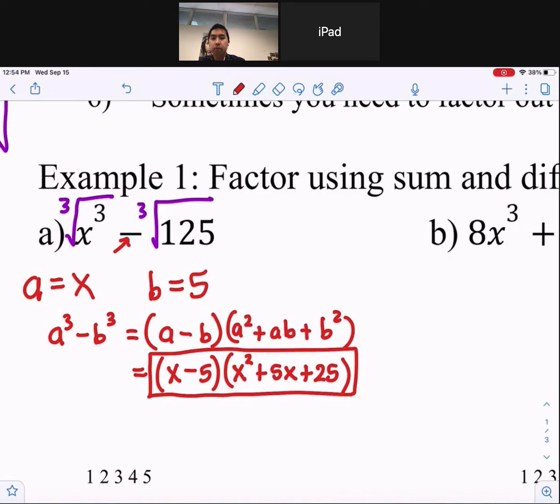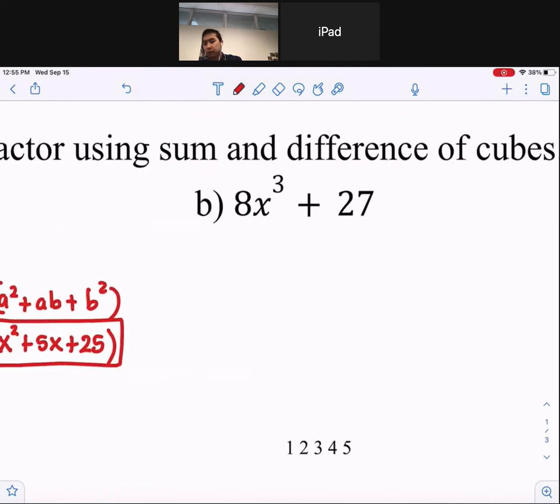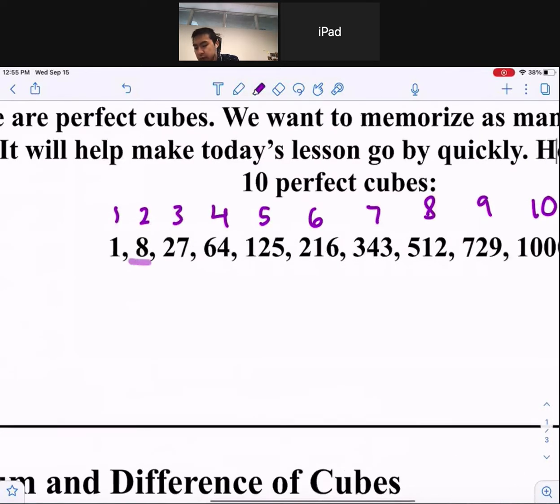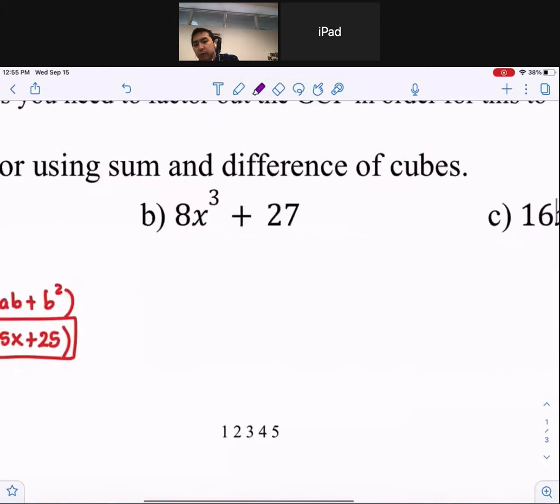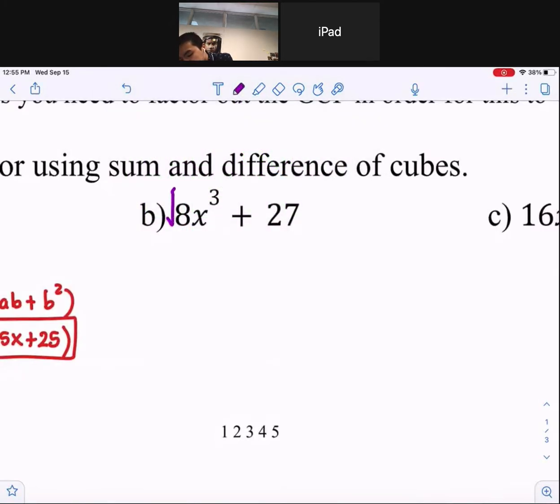Okay, let's look at another one. Okay, two terms. Are they perfect cubes? Well, 8 and 27 look like perfect cubes to me, right? So these are both perfect cubes. So now we're going to take the cube root of both of them.